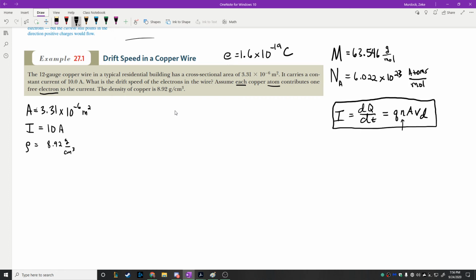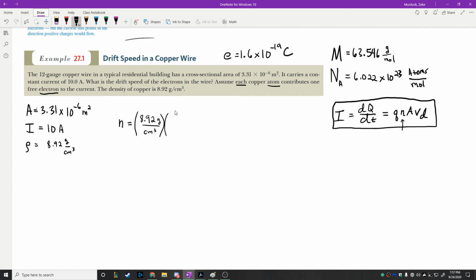So what's the best way to do this? I don't know how you did it, but to figure out what n is, I think the best way is to set up a conversion factor, dimensional analysis, whatever you want to call it. So you do 8.92 grams over centimeter cubed. And then this tells us grams per mole right here, right?